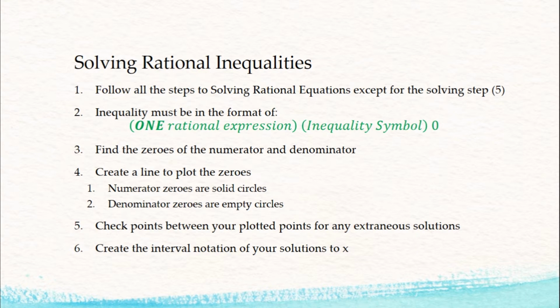Numerators are going to be solid circles, and denominators are going to be empty circles, because with denominators you can't have undefined values. Then you're going to check the points between your plotted points for any extraneous solutions, and create the actual interval notation of your solutions for x.